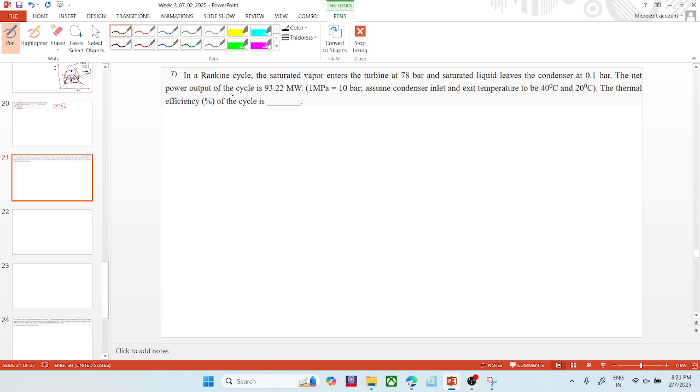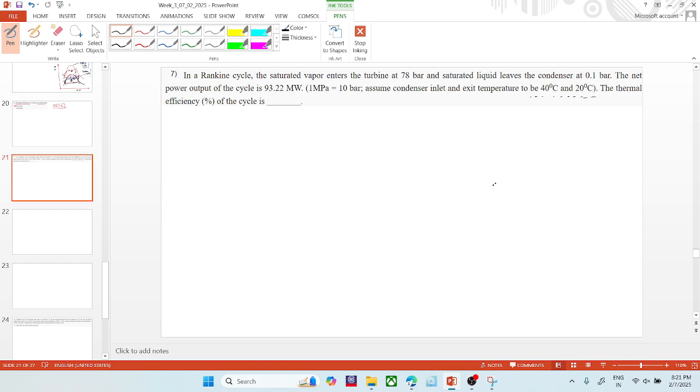The net power output of the cycle is 93.22 megawatt. It is understood that 1 megapascal is equal to 10 to the power 6 watt. In condenser inlet and outlets, these are the values. I don't think we will use these values in this problem. And the thermal efficiency we have to calculate.